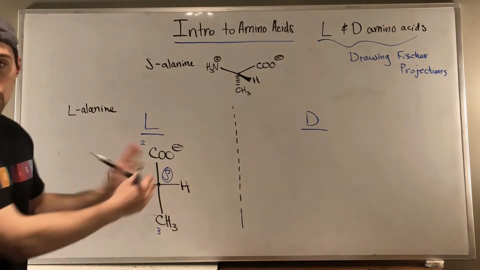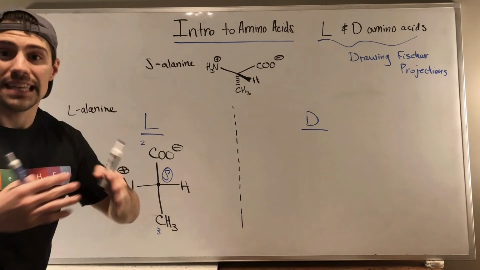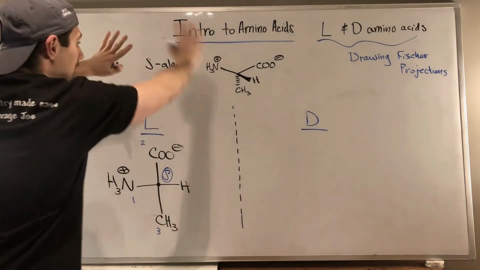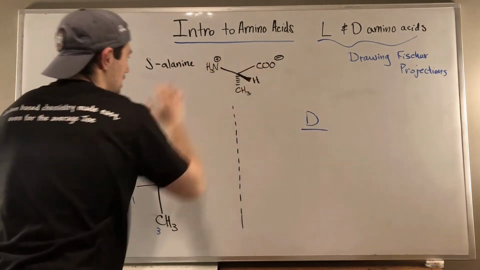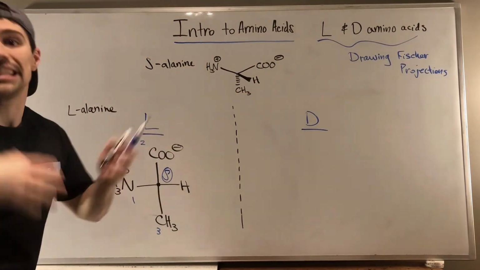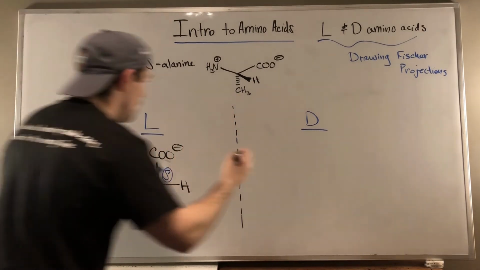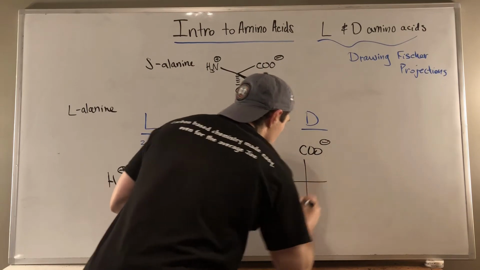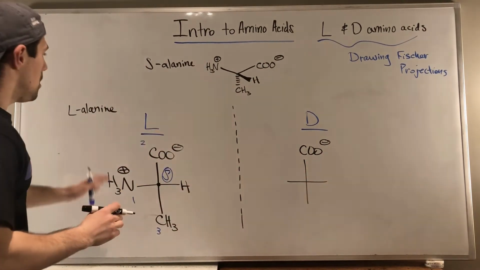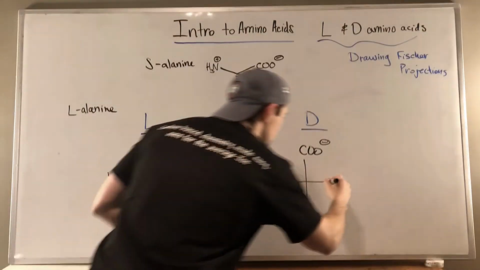because we see that the amino group is on the left. But if we wanted to represent it in a flat paper, straight chain type fashion, this is L-alanine. These are the same is what I'm getting at. So if we want to do D, all we need to do, without having to assign stereochemistry, is this: when you have a D amino acid, your amino group is on the right.